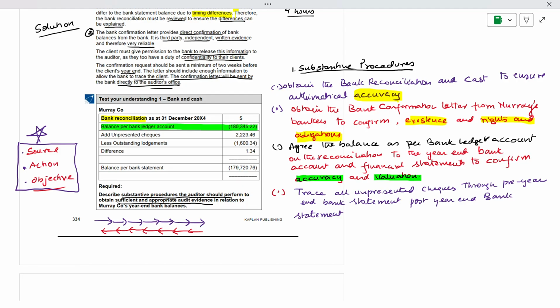It should not be misplaced. The checks will be properly handed over and deposited. Checks will not be given to the person like anything else. Trace all unpresented checks through the pre-year end and post-year end bank statements.